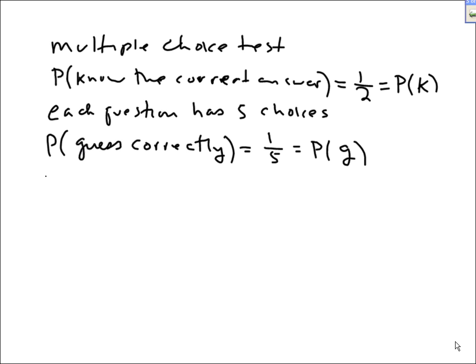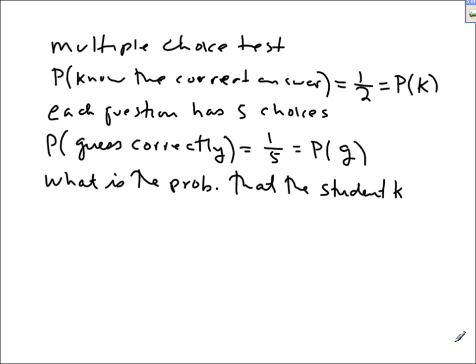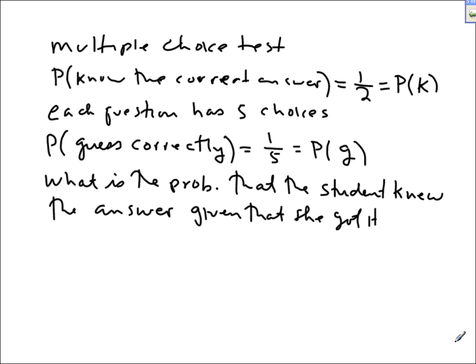Okay. And we want to know this. What is the probability? I want to make sure I ask this right. What is the probability that the student knew the answer, given that she got it right, she got it correct?